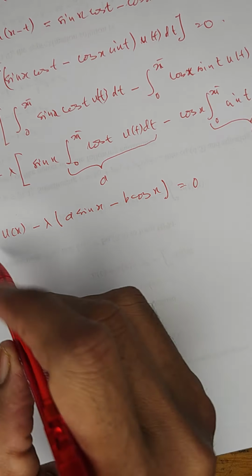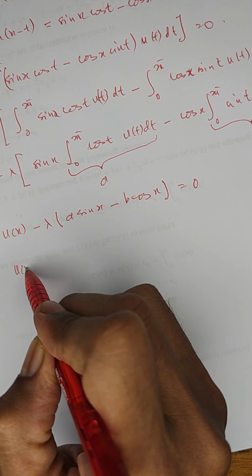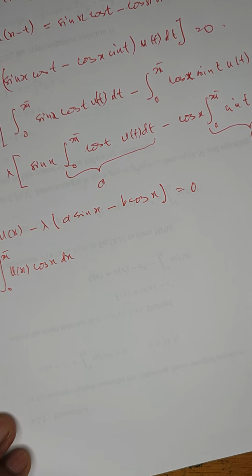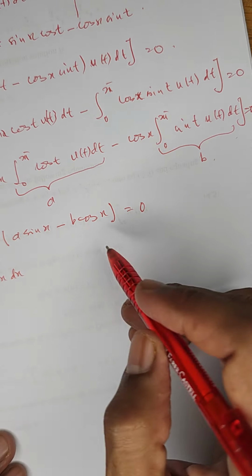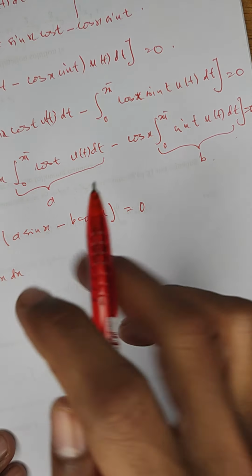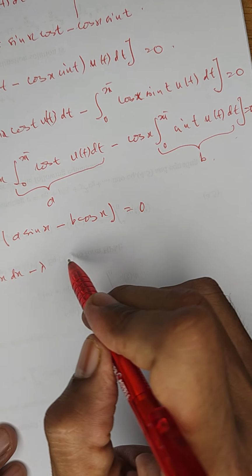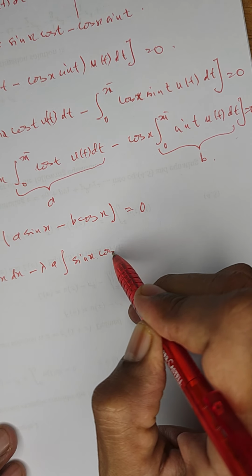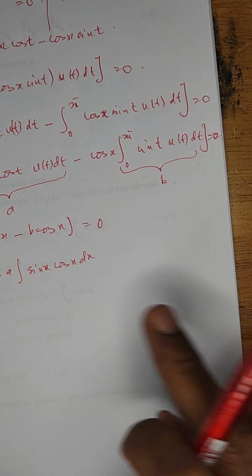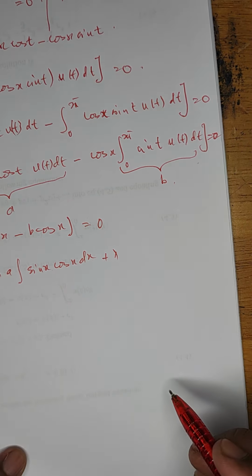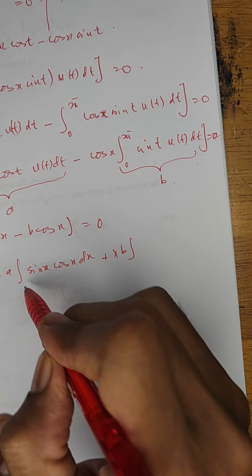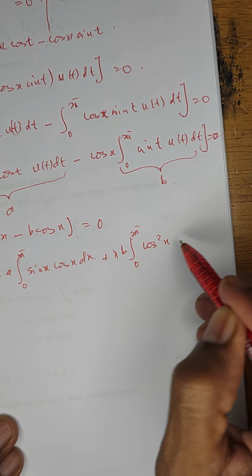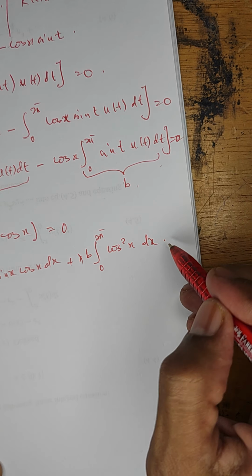So if we multiply this by cos x and then integrate, we have the integral from 0 to 2 pi of u(x) cos x dx, then minus lambda a integral of sin x cos x dx, plus lambda b integral from 0 to 2 pi of cos squared x dx, that equal to 0.